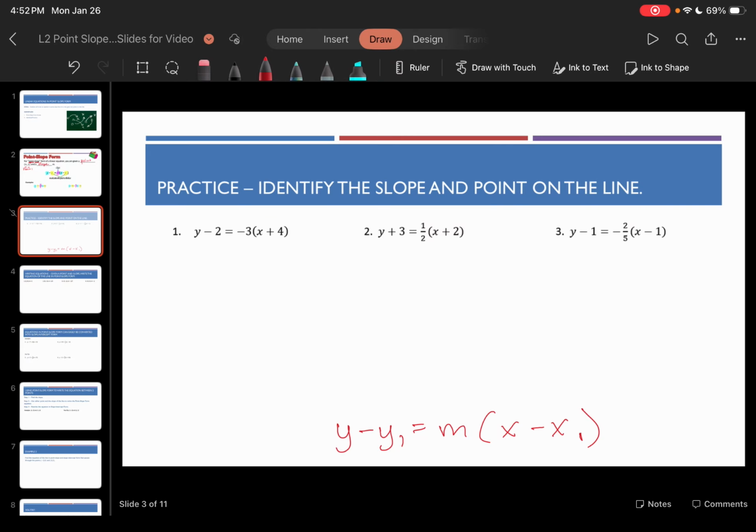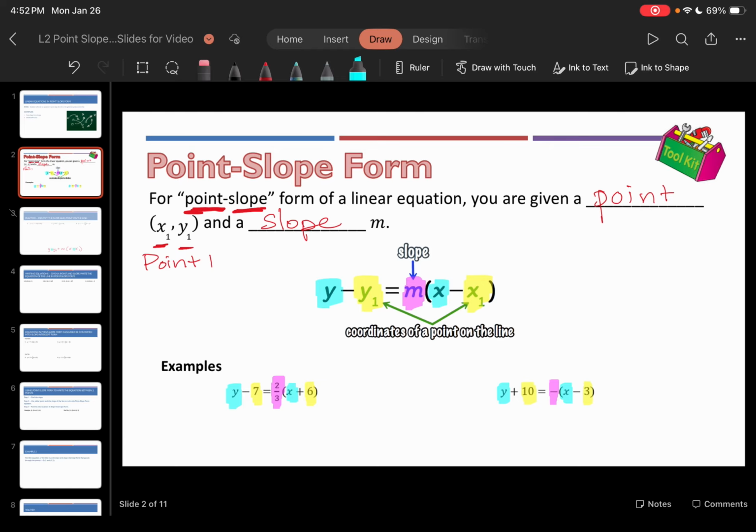And before we even start this, I want to point something out, that the formula actually has a minus sign, or 2 minus signs here. What does that mean? It means when I plug in a point, like, let me go back a second. If I were to tell you to write an equation with a slope of, let's say 2, and it goes through the point 5 comma -3.